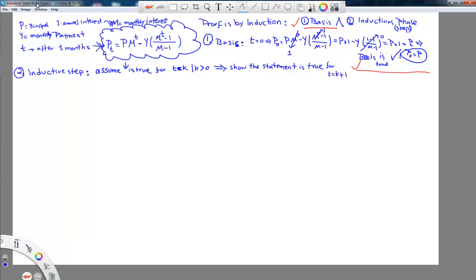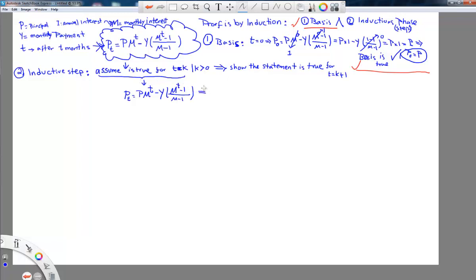So in this phase, I assume that P sub t is equal to P m to the t minus y times m to the t minus 1 over m minus 1. So I assume this.